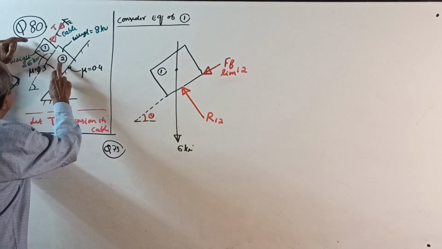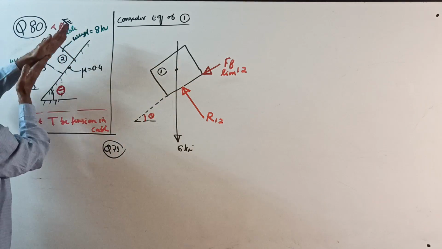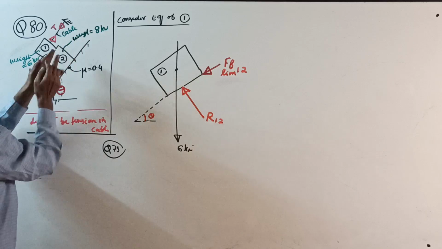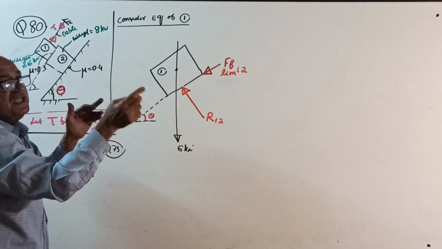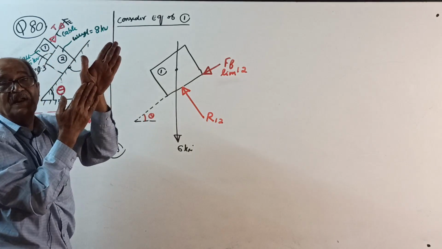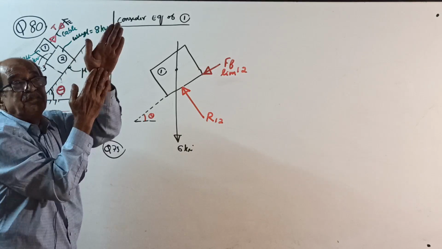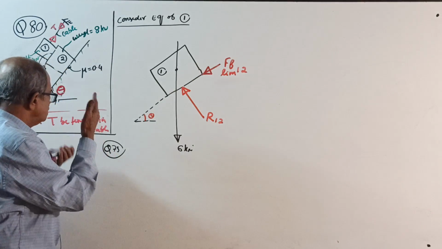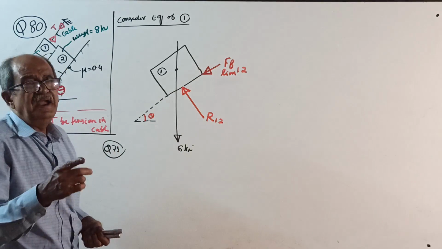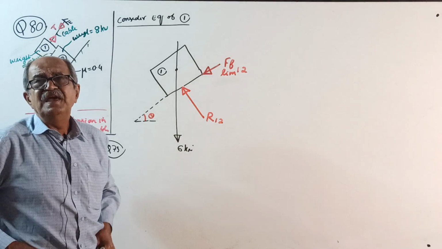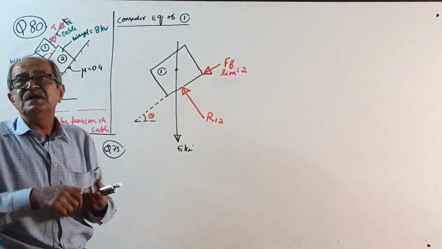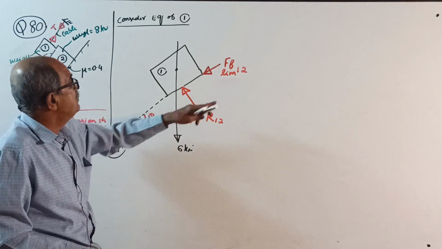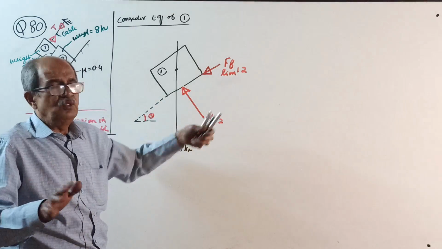Or when block 2 is sliding down, relatively block 1 looks like going up. Crude method. Therefore friction is down. I told so many times, I gave the basic concept, practical example, crude method, everything.